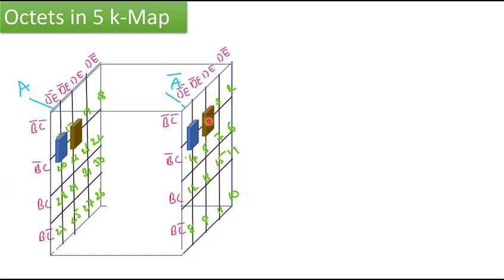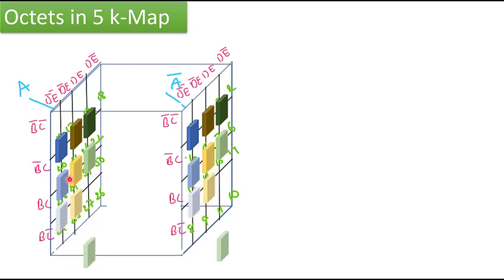Similarly these 4 ones and these 4 ones, similarly these 4 ones, same with these 4 ones, and it goes on. So these are all possible octet formations using 4 ones in one particular block and 4 ones in another particular block, which are at identical locations. Please remember all the 4 ones are at identical locations.